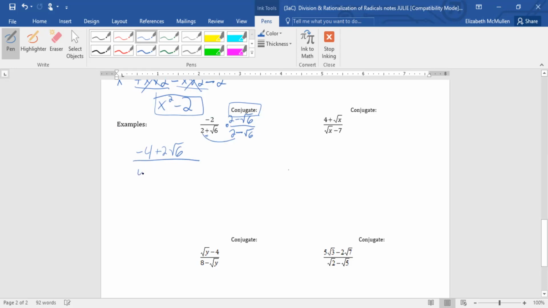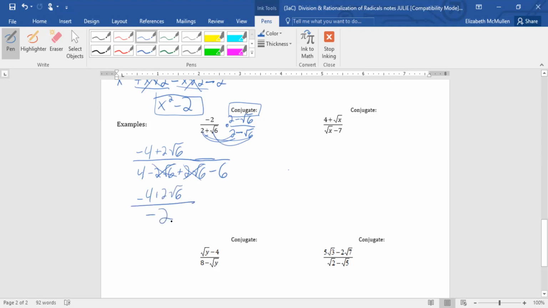So this is going to be 4, outsides, minus 2 radical 6, insides, plus 2 radical 6, lasts, minus 6. This cancels out, leaving me with negative 4 plus 2 radical 6 over negative 2.